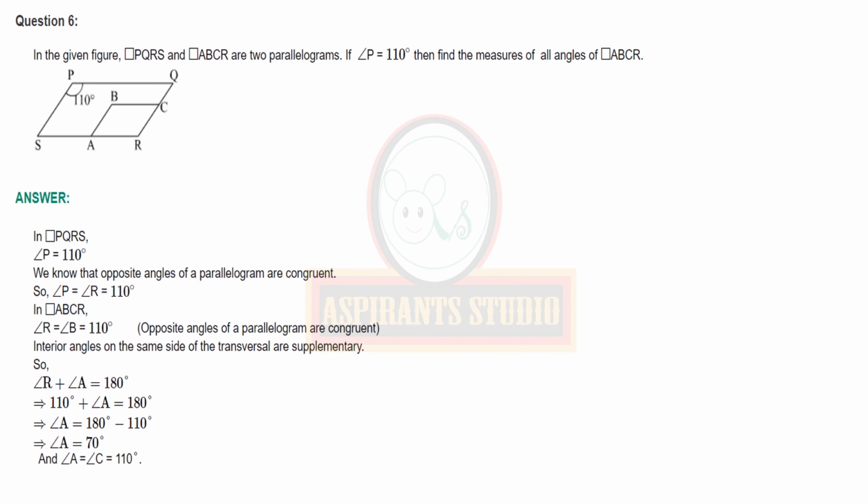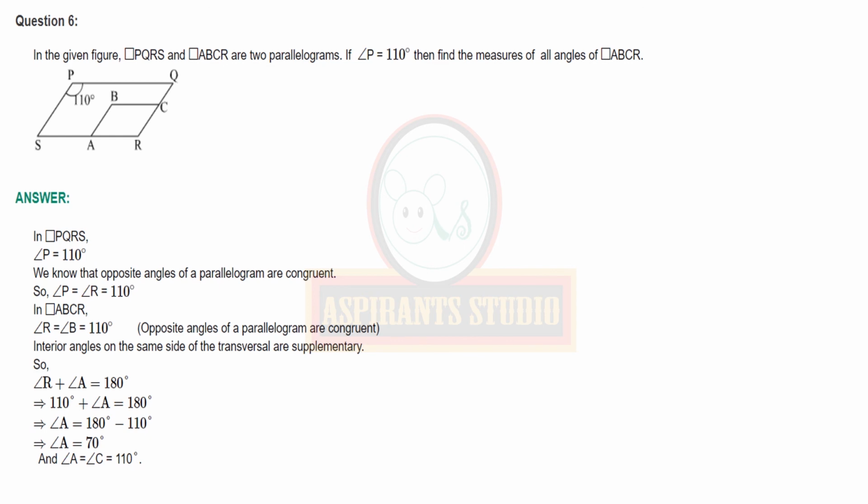That implies, otherwise you can also use therefore, measure of angle A is equal to 180 degrees minus 110 degrees. You are bringing plus 110 degrees to the other side of the equal to sign, so it becomes minus 110 degrees. 180 is already there on the right hand side.